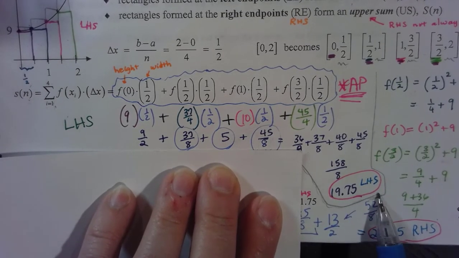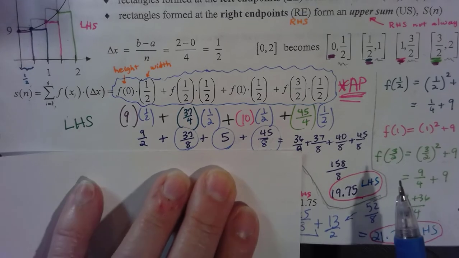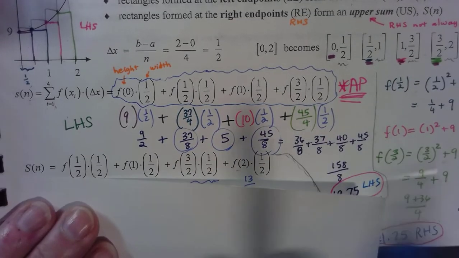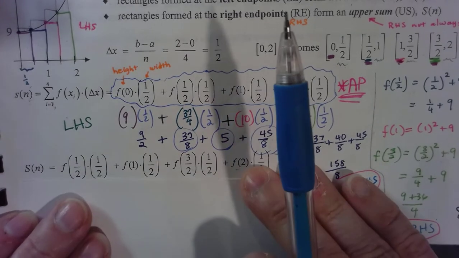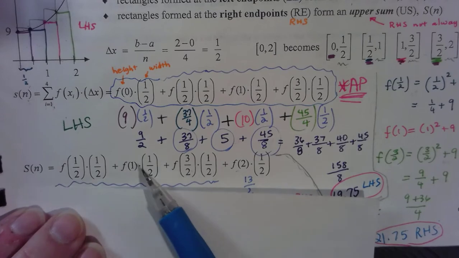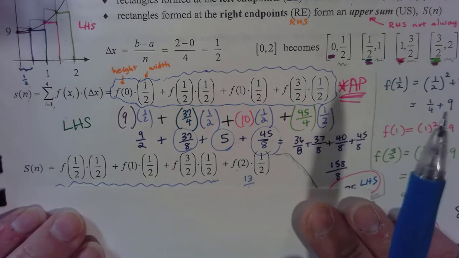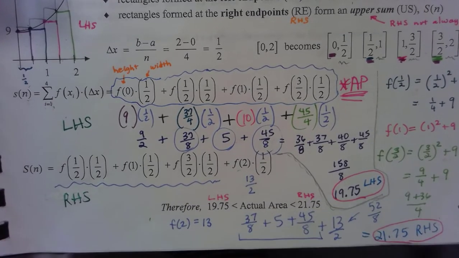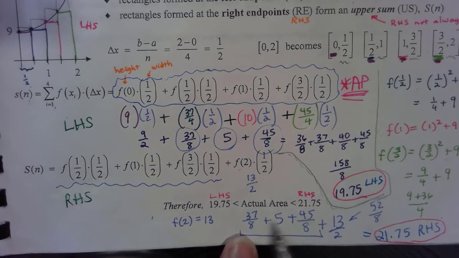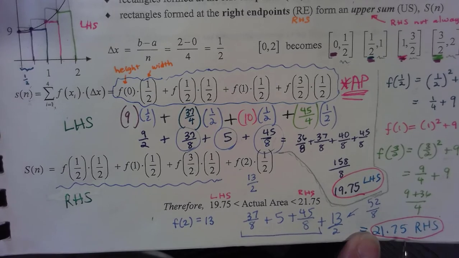So we got 19.75. Then if we want to find an upper sum, we're going to use the right endpoint, as I just said, denoted with a capital S. And we're going to evaluate our function at the right endpoints. The width of each is still 1/2.